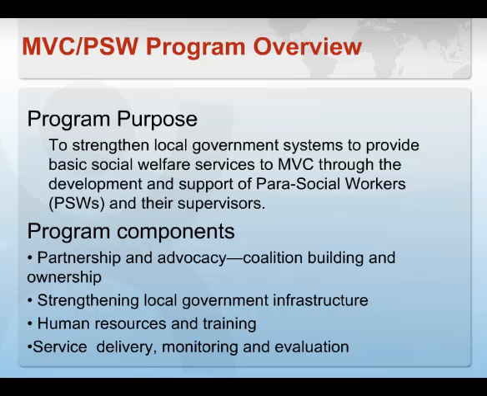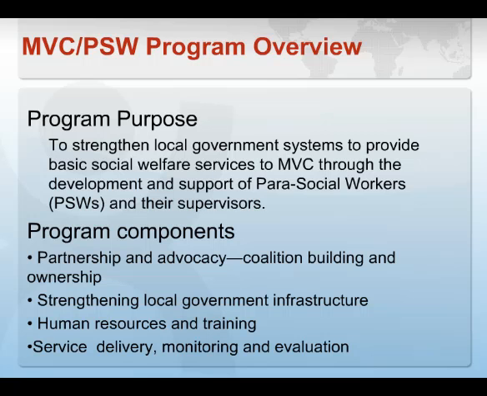At the local level, we train both the parasocial workers and the senior officers at the local and district level as supervisors, in order to have a clear view of what the parasocial workers are doing at the community level and to provide technical support.